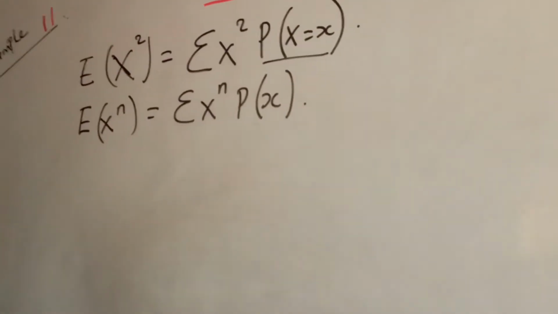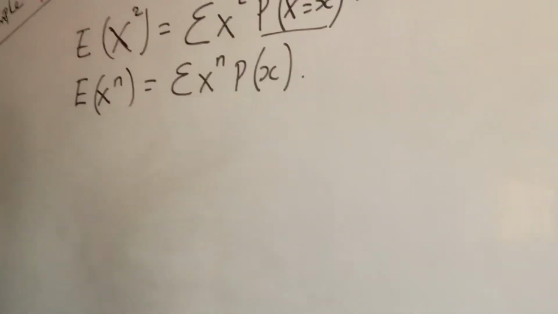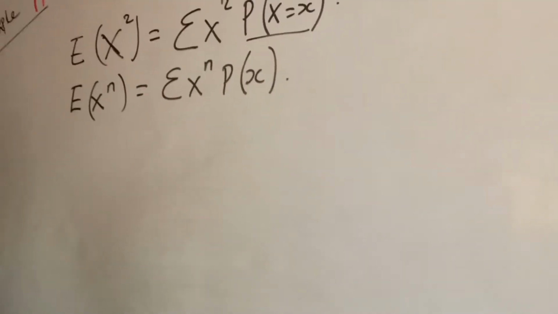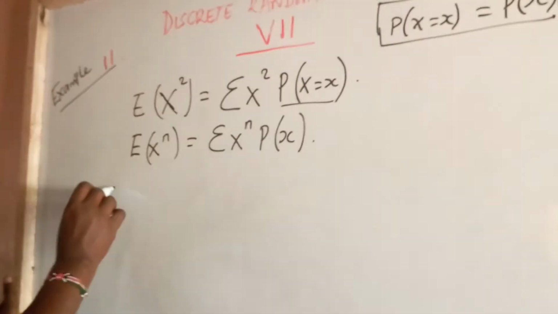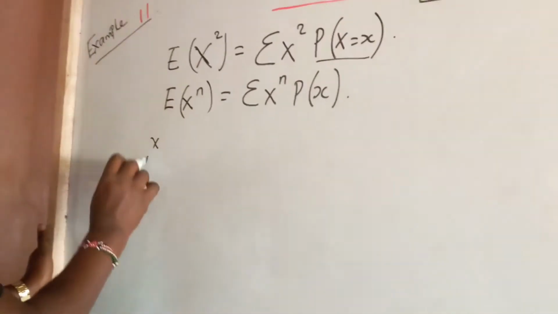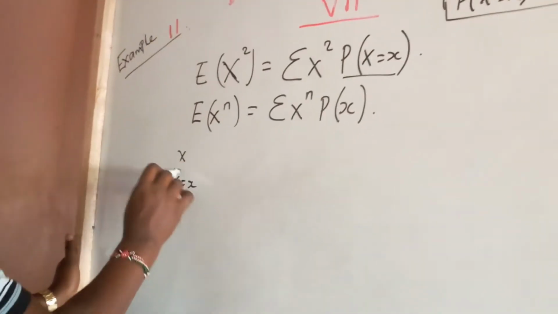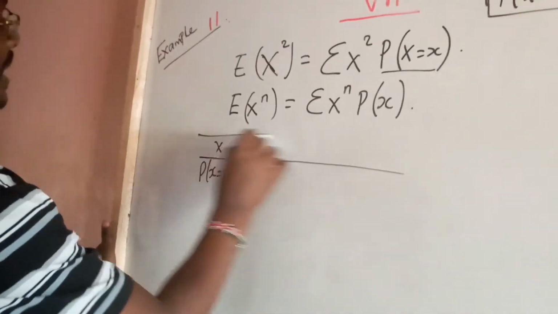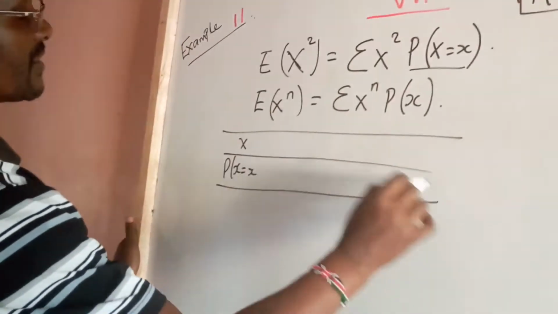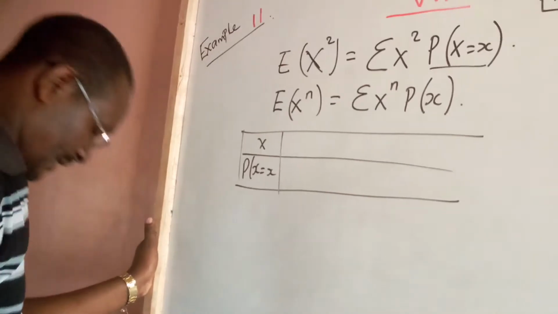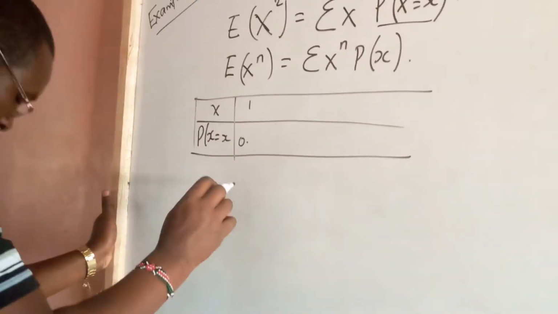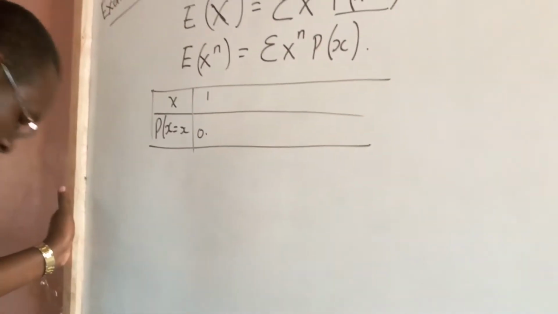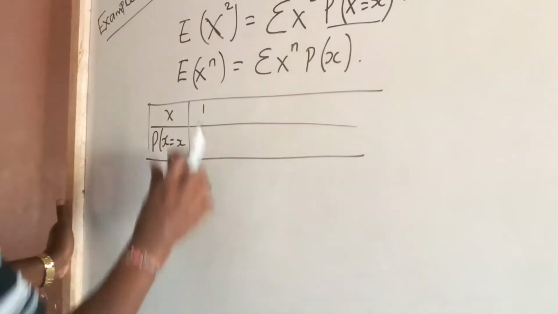And we're going to see this in example 11. A discrete random variable X has a probability distribution. We have x and we have P(X = x).